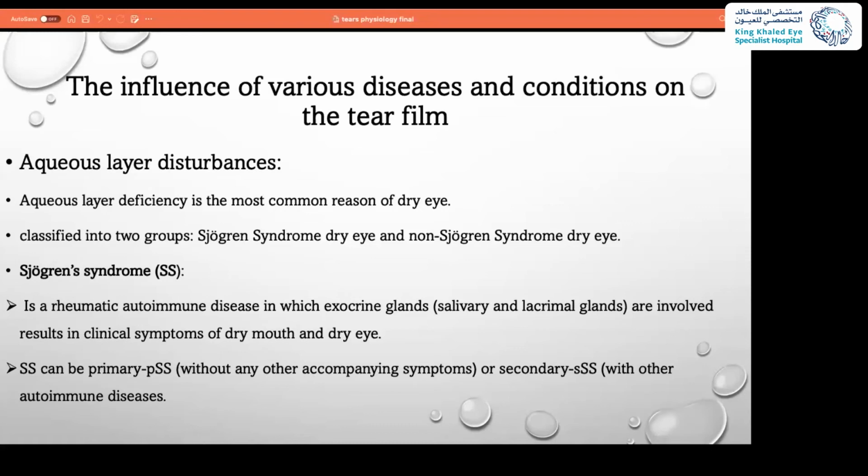Sjogren's syndrome can be primary or secondary. Primary is without any autoimmune systemic disease, and secondary is associated with rheumatoid arthritis, SLE, and other autoimmune diseases like polyarteritis nodosa and systemic sclerosis.